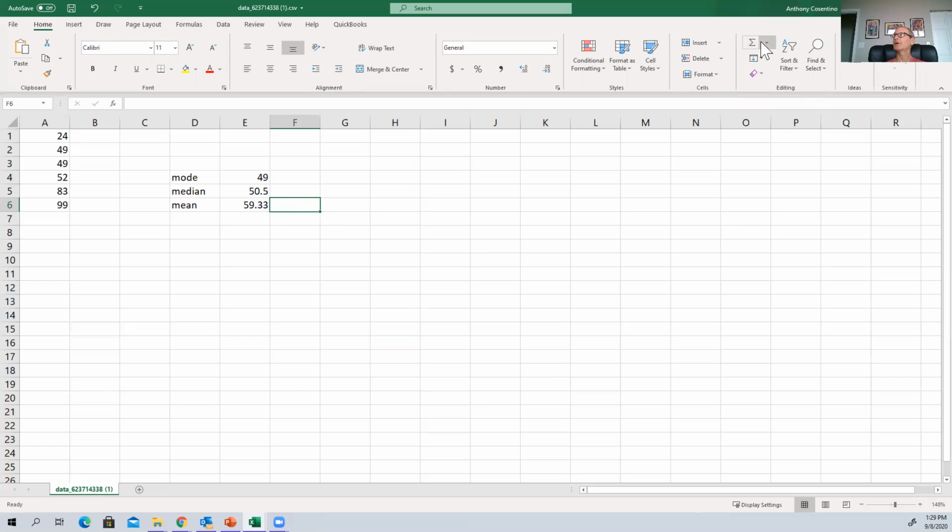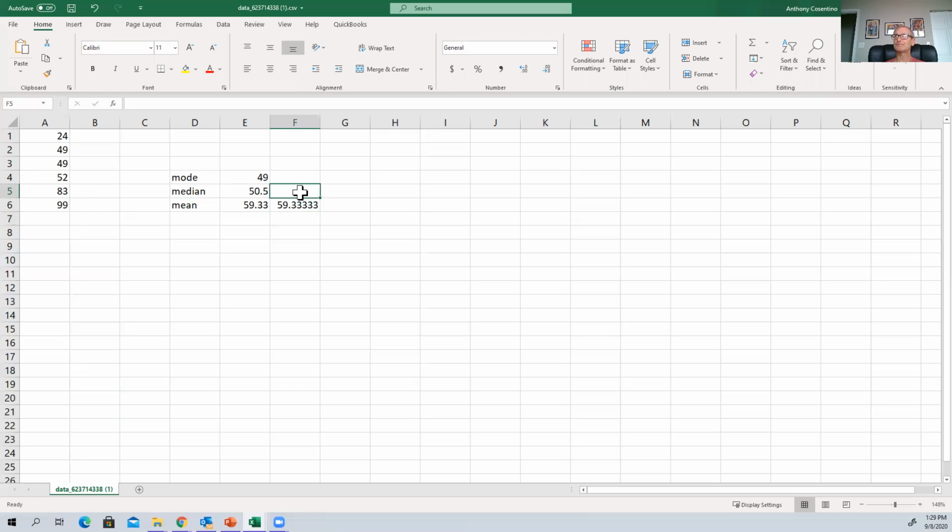So you come up here and hit average, and it'll ask you what numbers you want to average. If we highlight the numbers we want to average and hit enter, you can see we get the exact same number. So it does all the arithmetic for you. It adds all those numbers up and divides by 6.